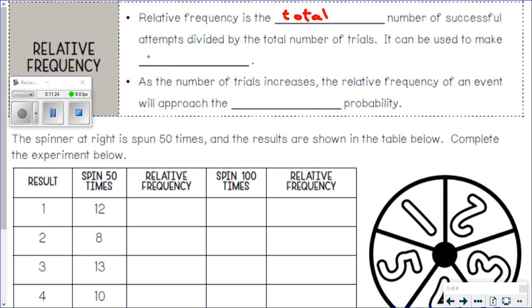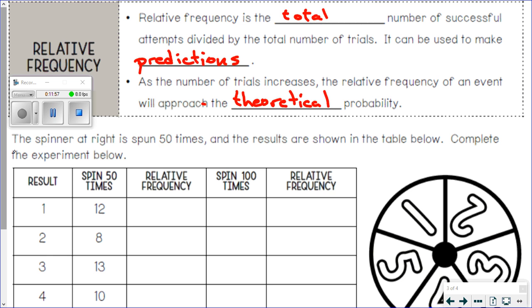And it can be used to make predictions. So that's why we calculate probabilities, to have an idea of what can happen so that we can make decisions. So as the number of trials increases, the relative frequency of an event will approach the theoretical probability. So that's what I was saying, that the more times you do the experiment, the closer your results are going to get to the theoretical probability.